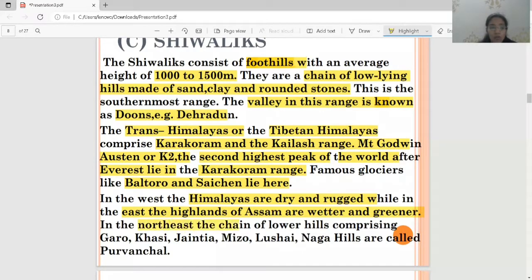The northeast chain of hills that consist of Garo, Khasi, Jaintia, Mizo, Lushai, Naga Hills, they are known as Purvanchal. Underline.